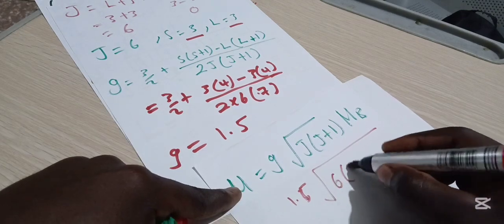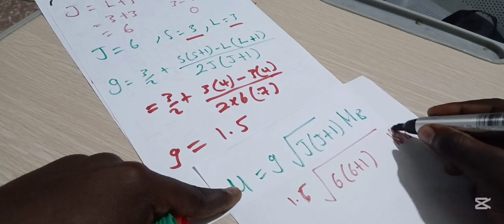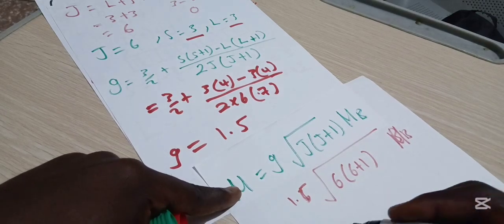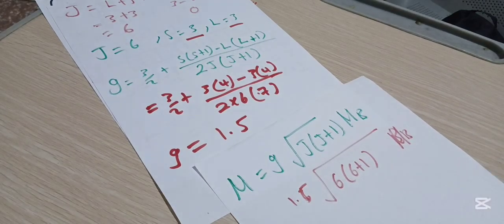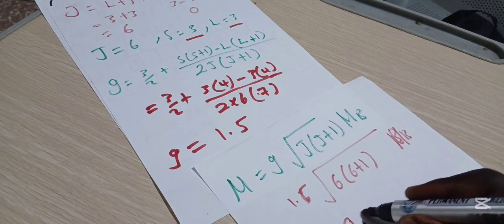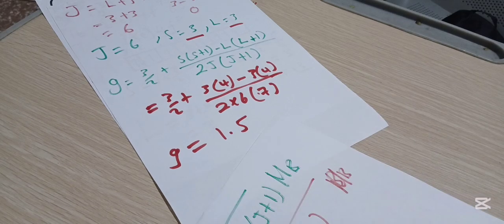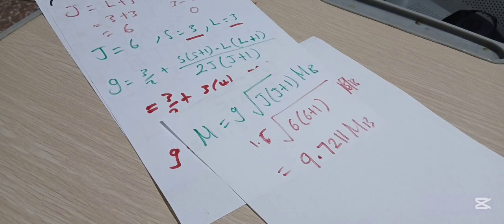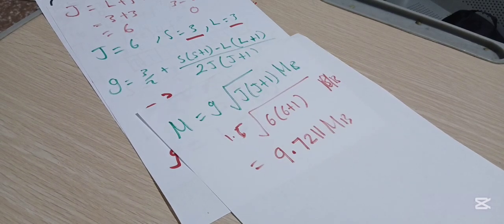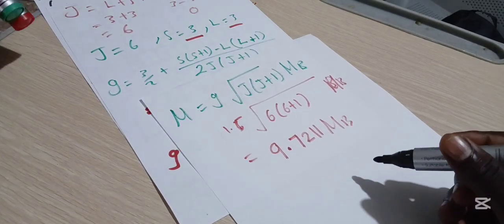So 6 into bracket 6 plus 1, Bohr magneton. Punching this on a calculator, we are going to get 9.7211 Bohr magneton. So that is the magnetic moment for the terbium 3 plus ion.